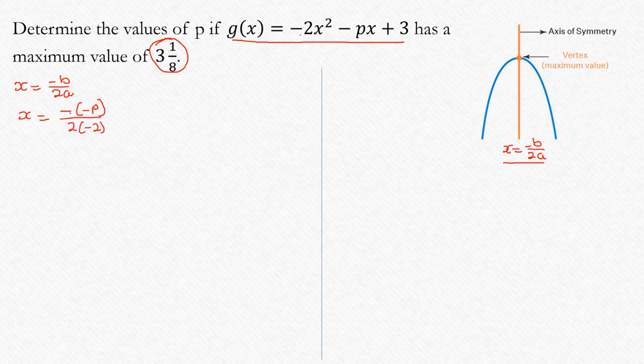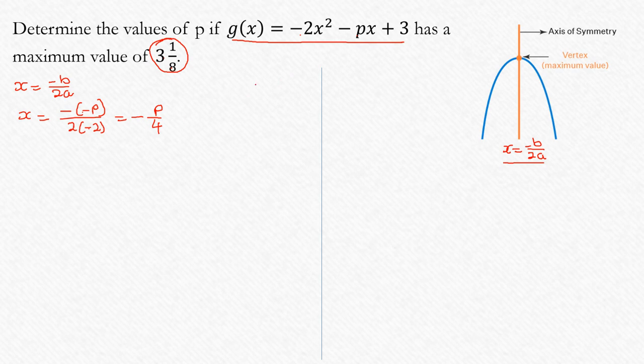Negative times negative p gives us positive p, and 2 times negative 2 gives us negative 4. So x is actually negative p over 4. That is our x value. Now we have to substitute this x value into the equation to get the y value.